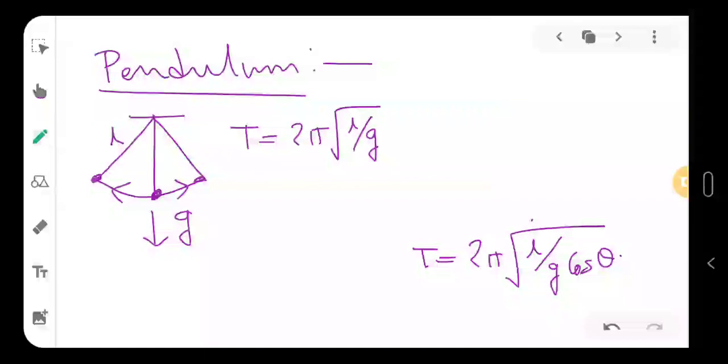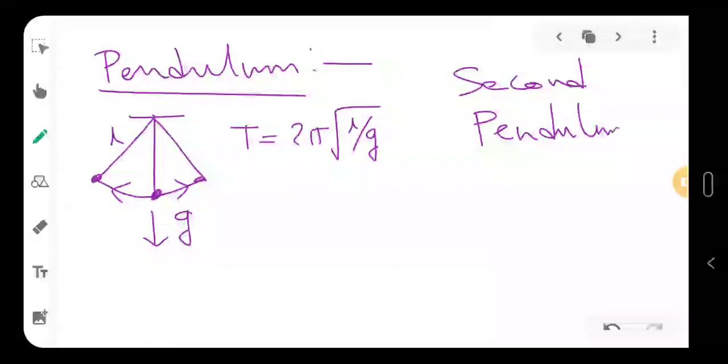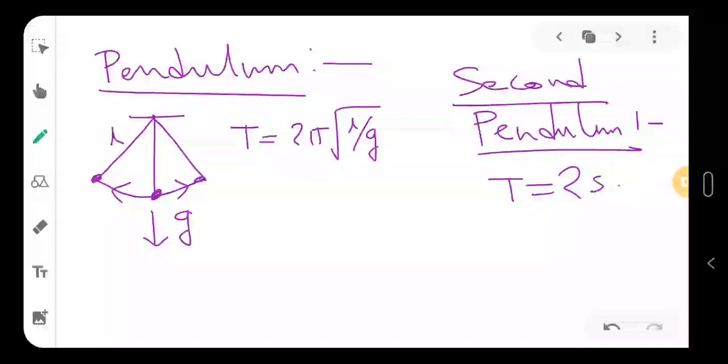Now there is something which is called second pendulum, and that is very important for entrance exams. Second pendulums are those pendulums which have a time period equal to 2 seconds.